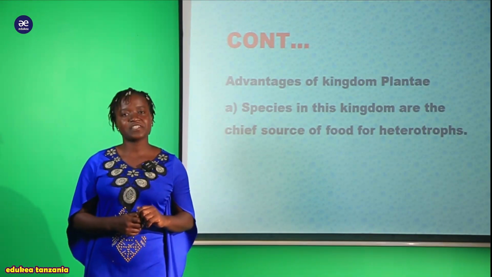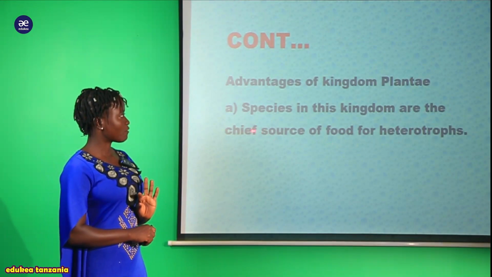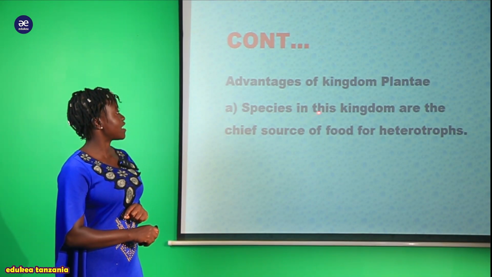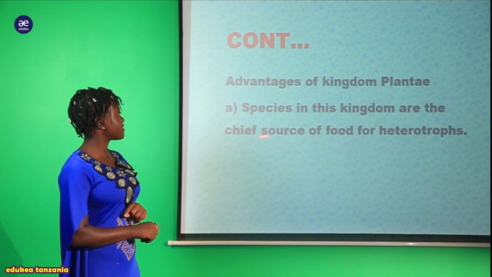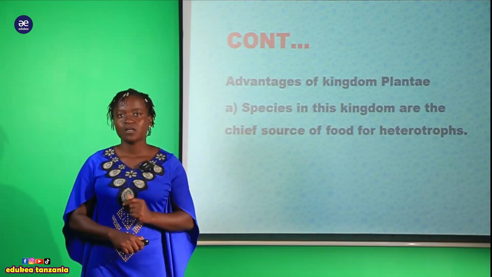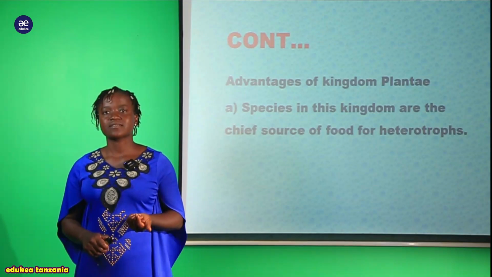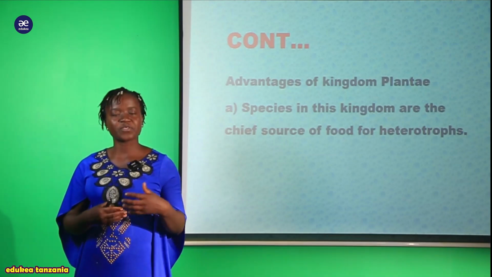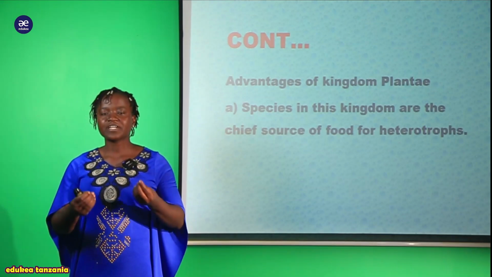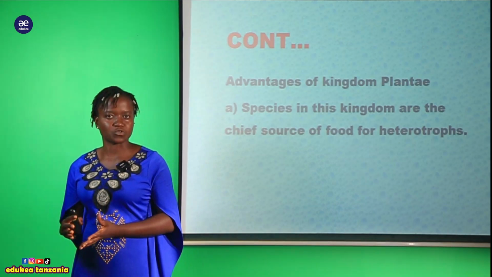The first advantage here, my student, we are saying that the advantages of kingdom plantae. Ya kwanza kabisa inasema kwamba species in this kingdom are the chief source of food for heterotrophs. They are chief producers. Kwa sababu gani tunawaita they are chief producers? Kwa sababu hawa plants wote they have a tendency of making the food to the heterotrophs.